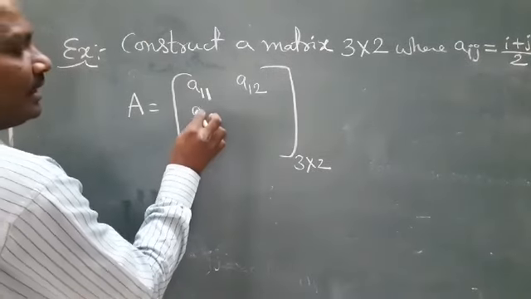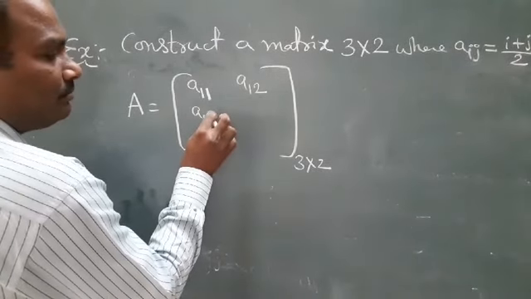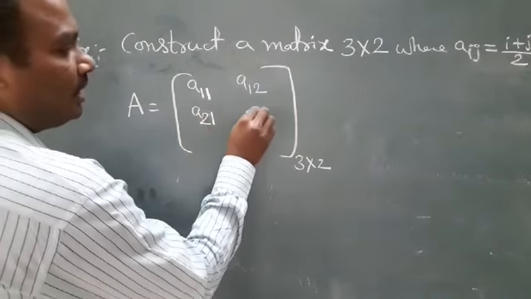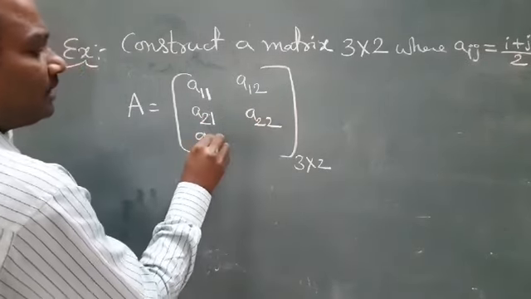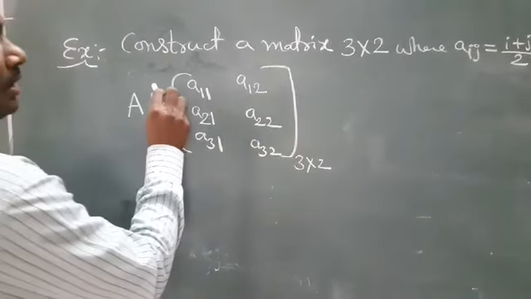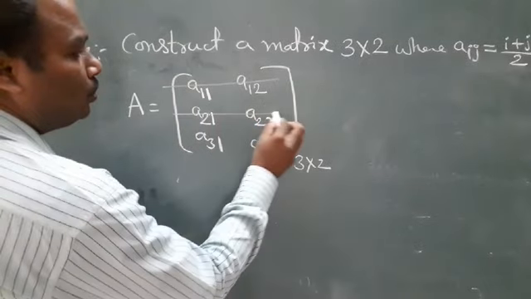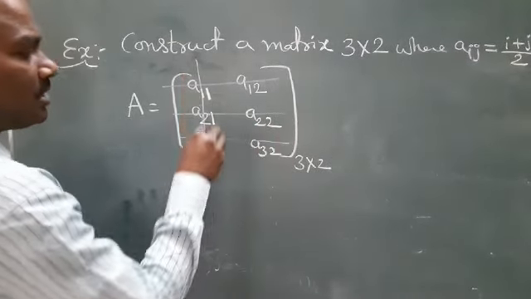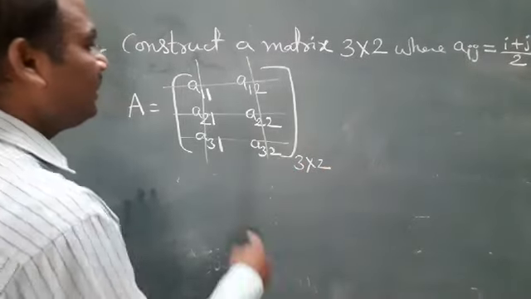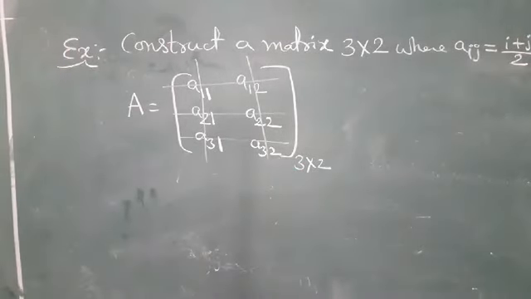Next, second row: a21, a22, a31, a32. Observe here. How many rows? 1, 2, 3. How many columns are there? 1, 2. So the 3 by 2 matrix is a11, a12, a21, a22, a31, a32.